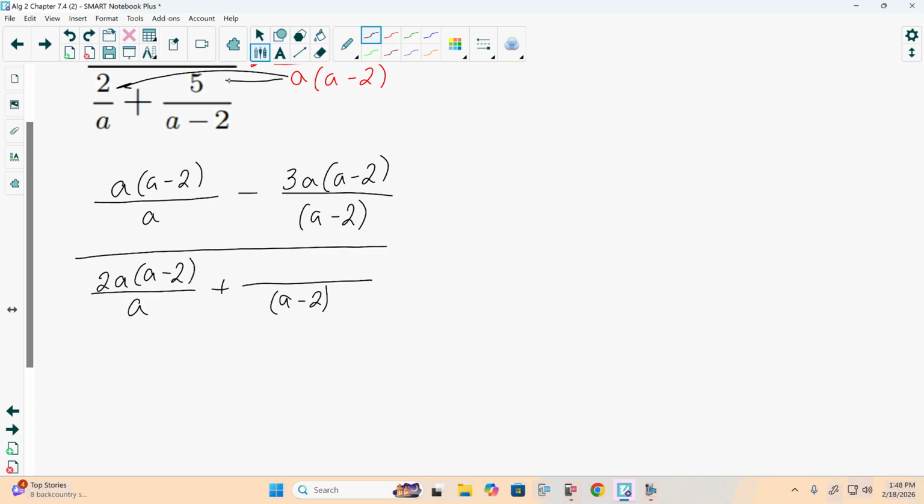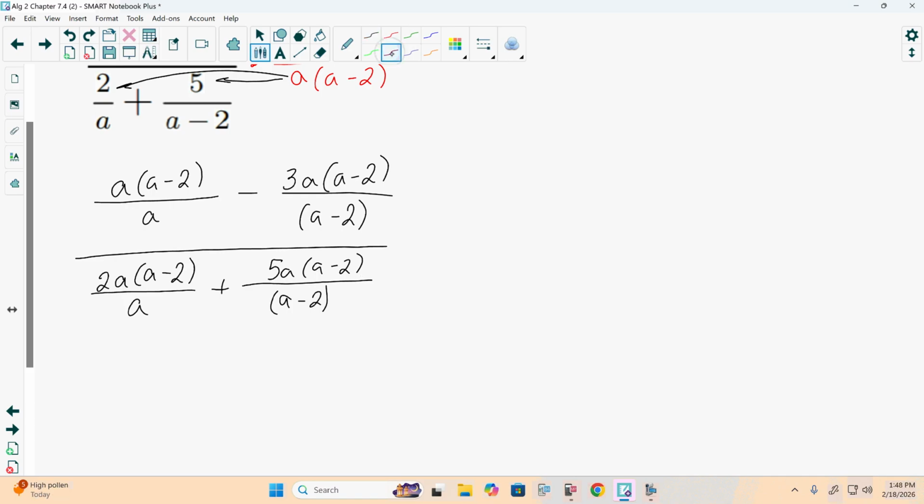We're going to do the same thing with our second numerator. We're going to multiply the 5 by a times a minus 2, which is 5 times a minus 2. Questions on this here? We good with this here?